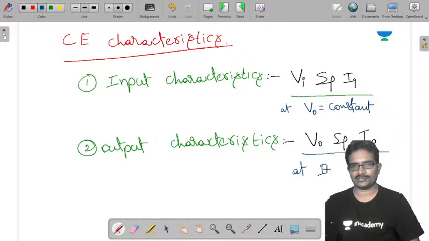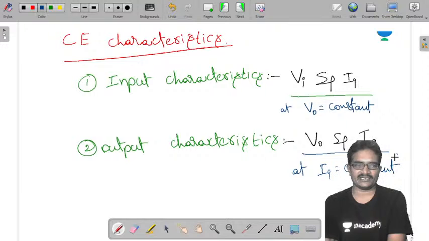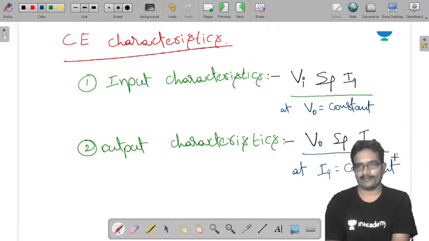Why we keep only these parameters constant is that in transistor analysis, you are using the H parameter model. Why? Because H parameter values are real values at audio frequencies. And one more important reason to use H parameters in a transistor is base width modulation.